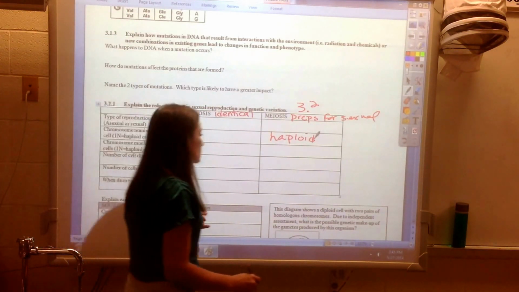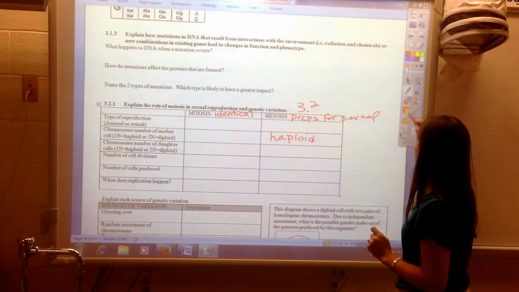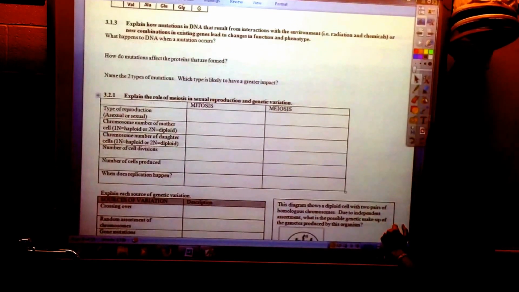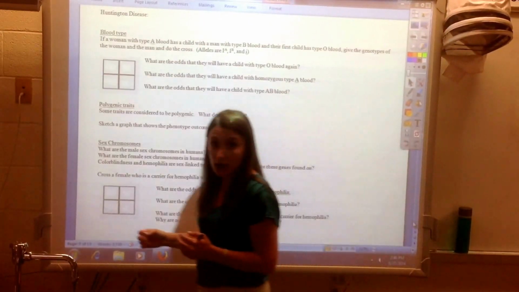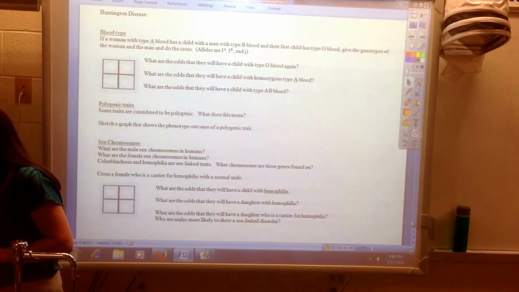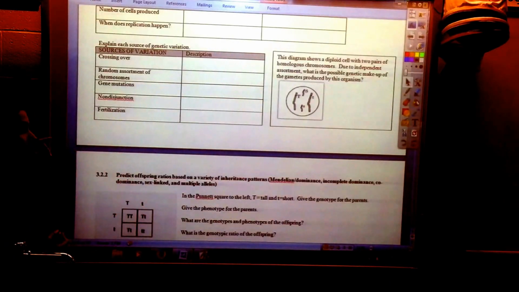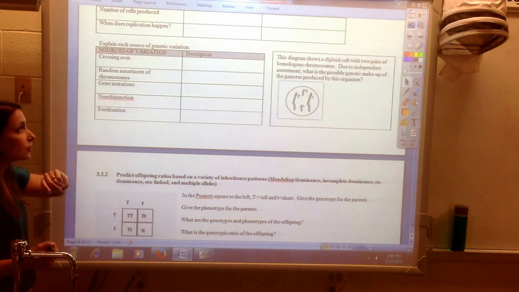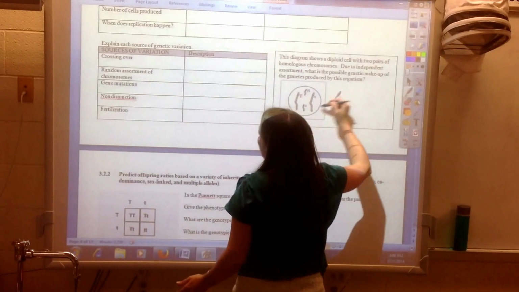I do want to spend some time talking about the sources of genetic variation. Remember, I'm not filling a lot of this out with you because it is directly in your notes. However, when we talk about the sources of genetic variation, we do want to know that these are the 5 sources.